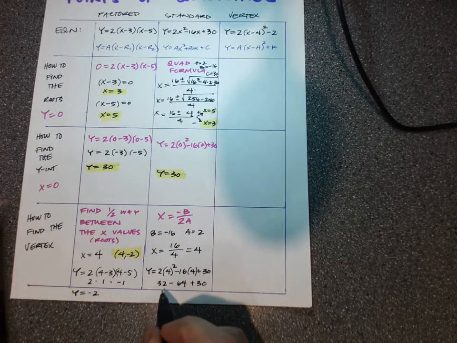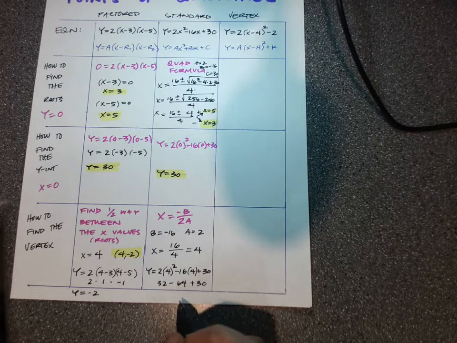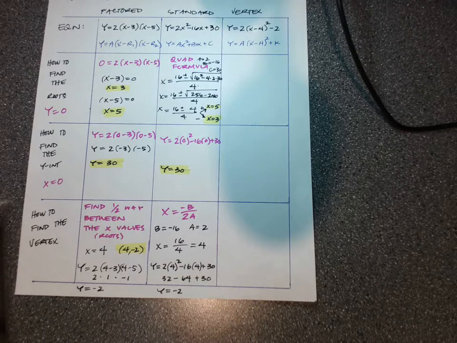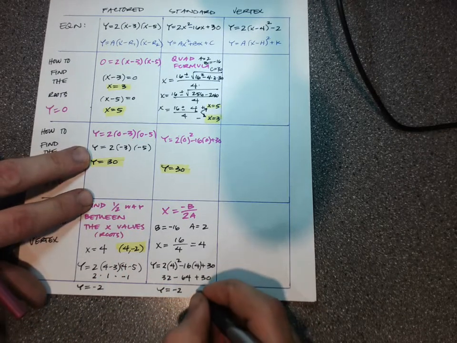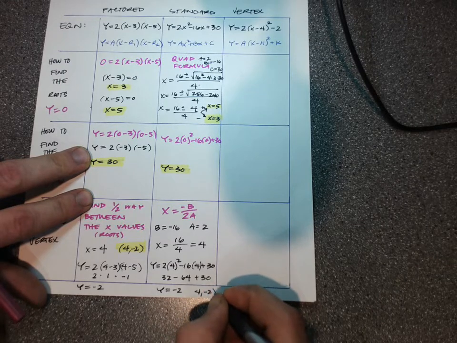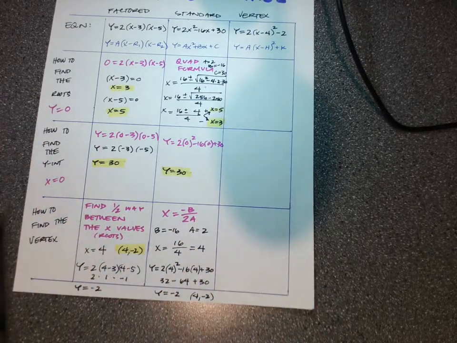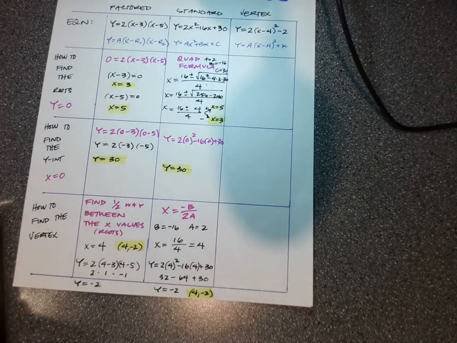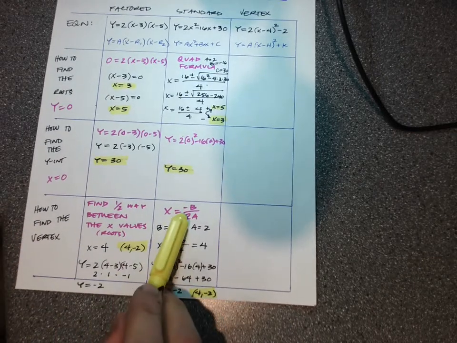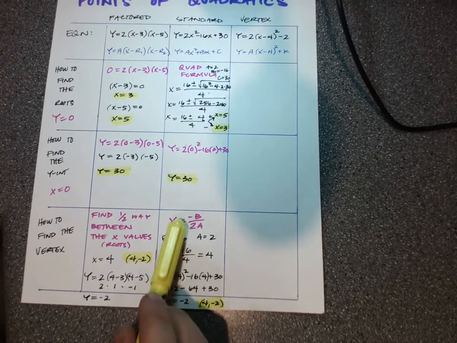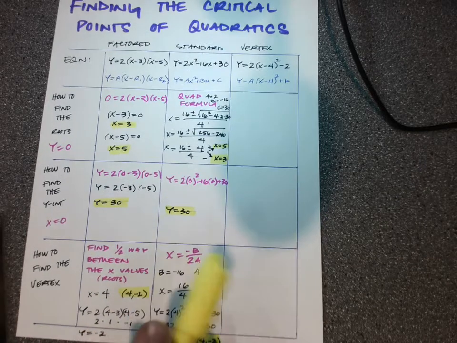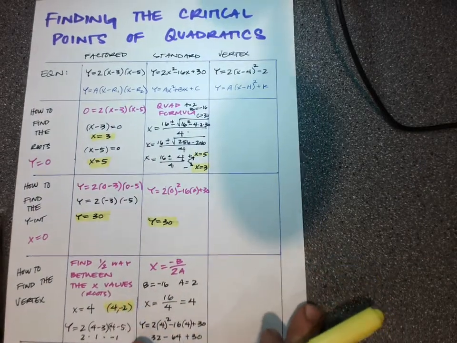And so we can see, we have 62 minus 64, y equals negative 2. And again, that matches our other answer here. So the vertex is at 4, negative 2. And that formula, the first part of the quadratic formula, is just to find the vertex.